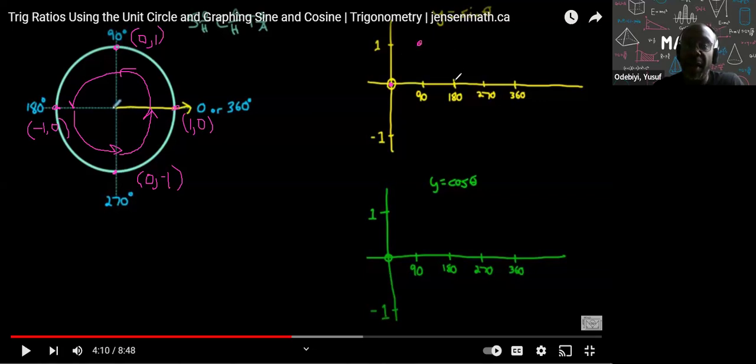Then I'm at 180, I'm at 0 again, and I'm at 270, I'm at -1. You're going to see this pattern now, and then I'm at 360, I'm at 0 again. So it looks like this. This is kind of a bad drawing, but you can see my periodic function now, right?